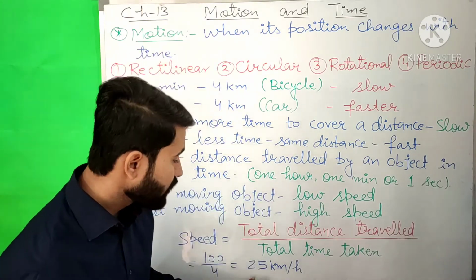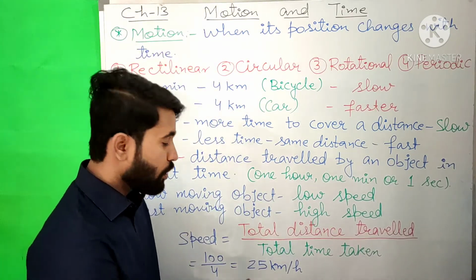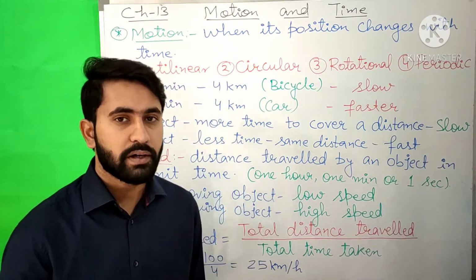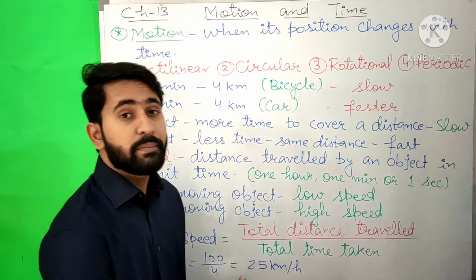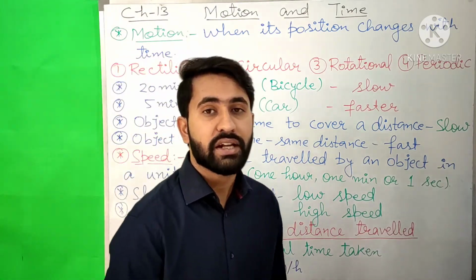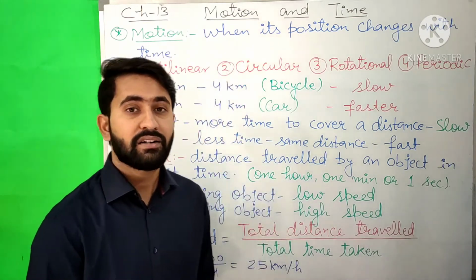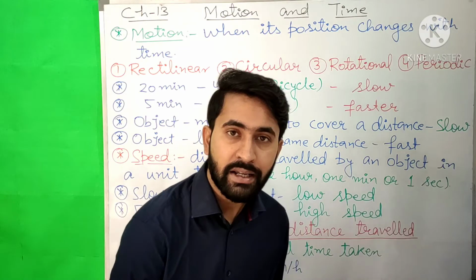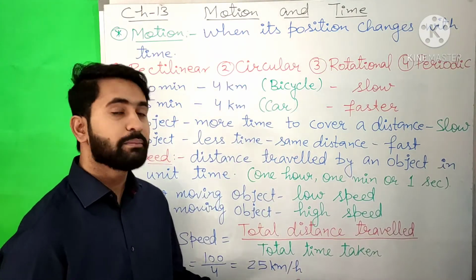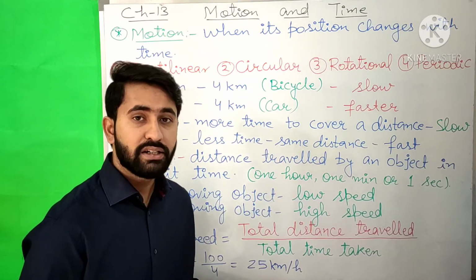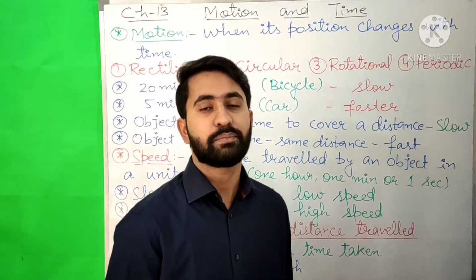It does not mean that this object is always traveling at 25 km per hour. It may be more when the object is on a straight and plain road, but when the object is on a bend or mountains or in hilly areas, the speed may be less. So this 25 km per hour is just an average speed.